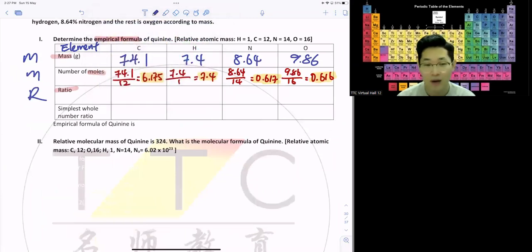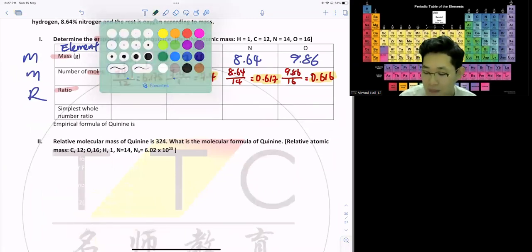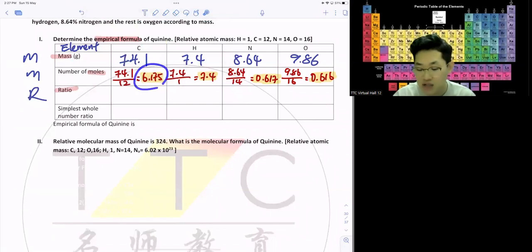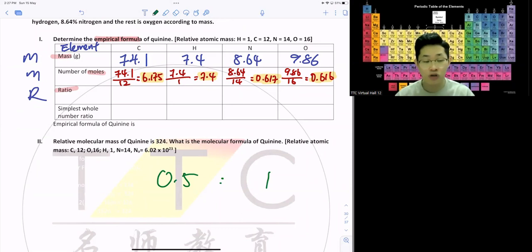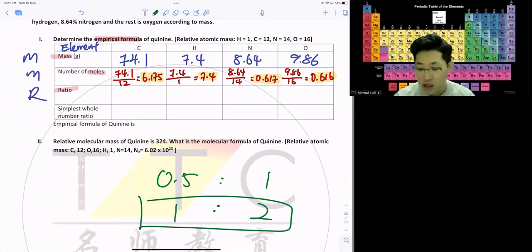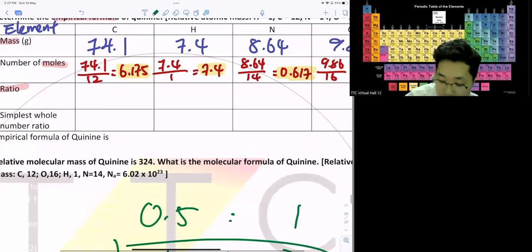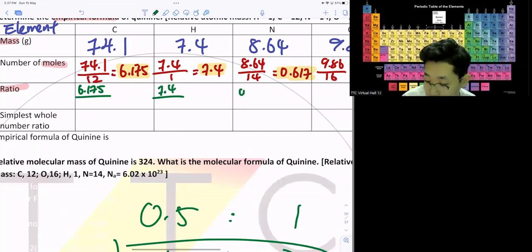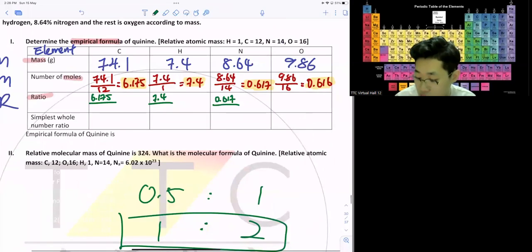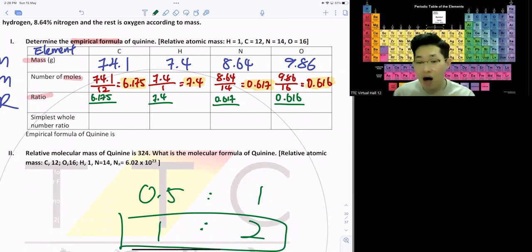Okay, after that, what we do next: from all these numbers, it's very hard to know the actual ratio. If the mole is like 0.5 to 1, then the ratio is very simple, it's 1 to 2. But this one, all decimal, wow, it's very hard. So what we do, we bring all these numbers down and divide all the numbers by the smallest value.